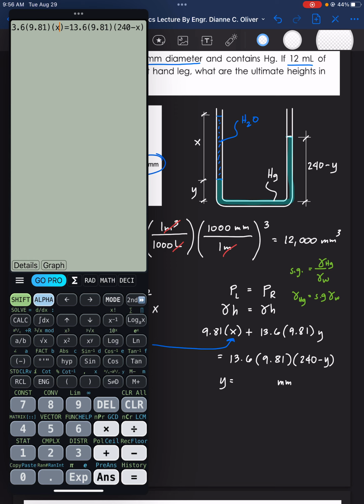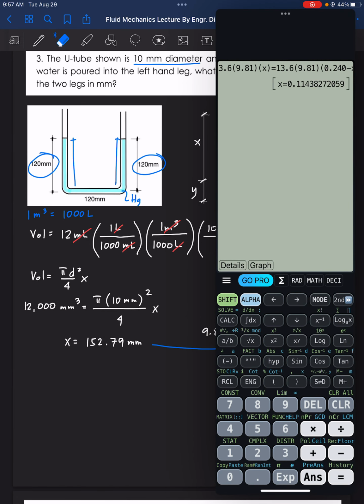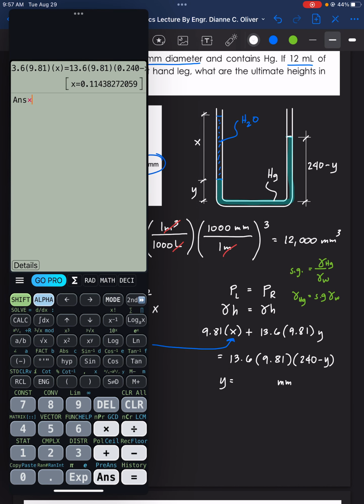Remember that the 240 here is in mm, so if we put it as meters, the 240 is 0.240. Solve, there you go, 0.114. Multiplied by 1000.